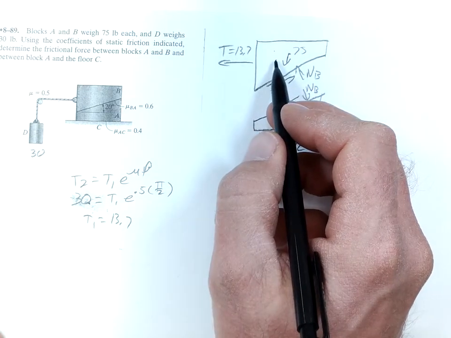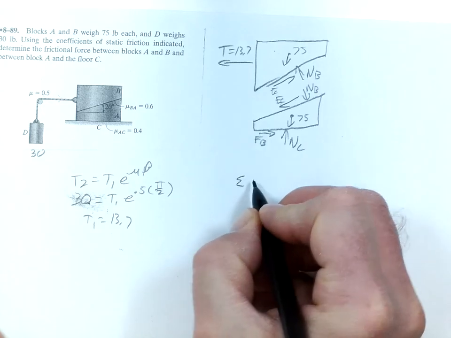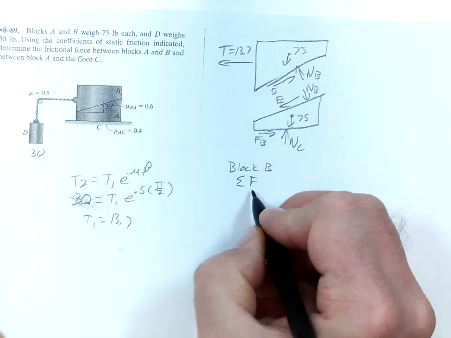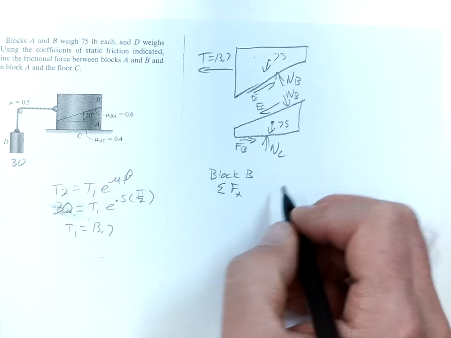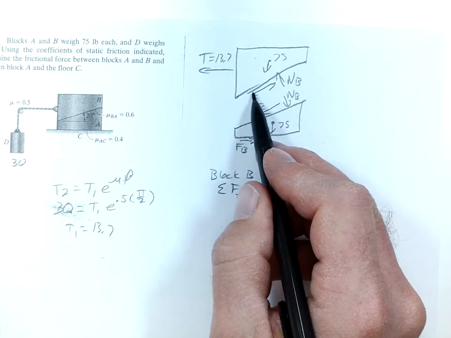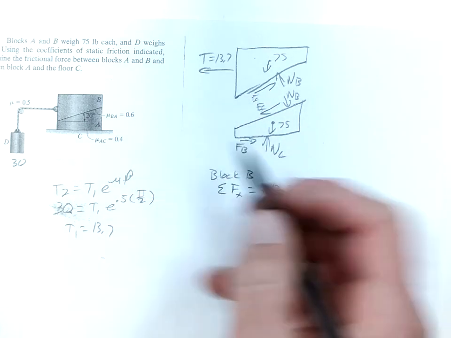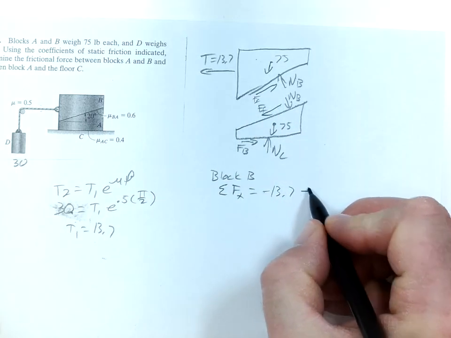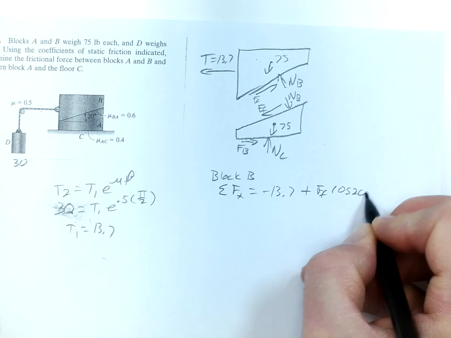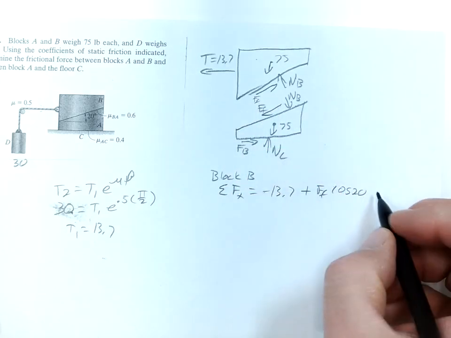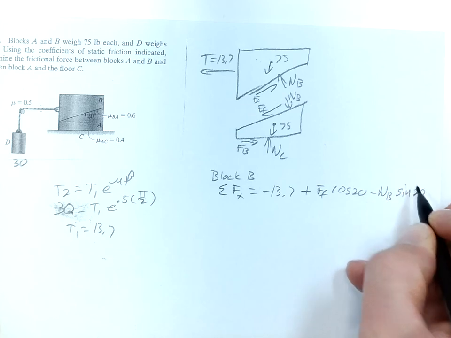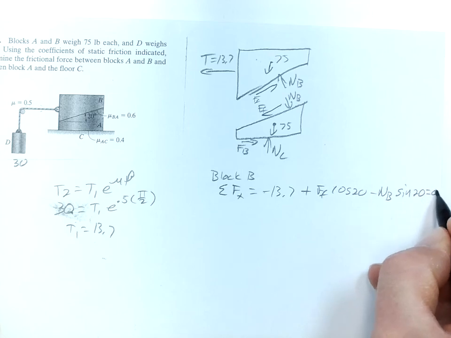So if we sum the forces in the x direction, we get negative 13.7. Now that's an angle of 20 degrees. So we're going to get plus the force of friction cosine 20, component of that, minus NB sine 20. Now remember, we don't know what the force of friction is, it's a reaction, so that's our unknown.